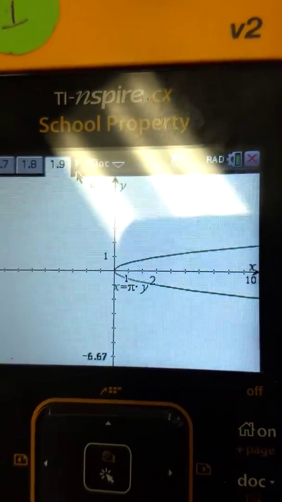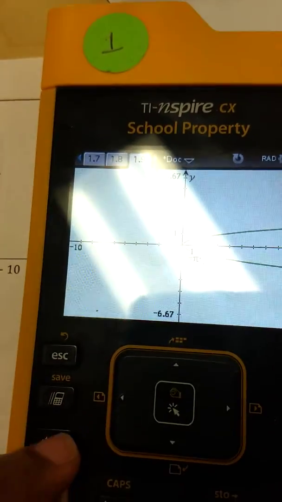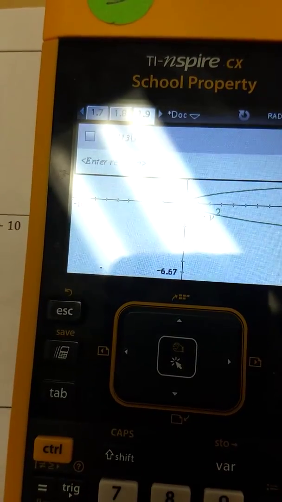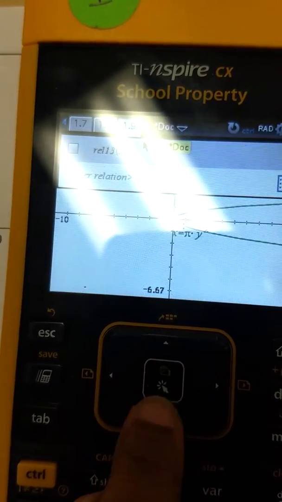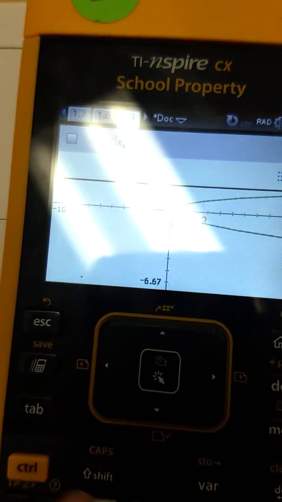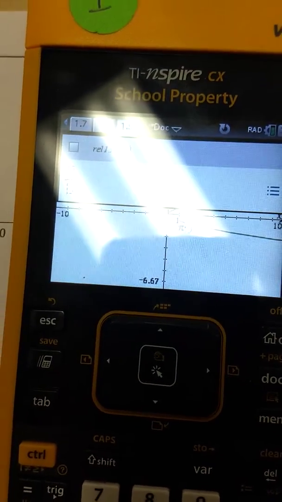Well, I need to see if my answer works. So I'm going to press tab, and I will enter in the control. Okay. Control divide. Instead of a, I'm going to put x.